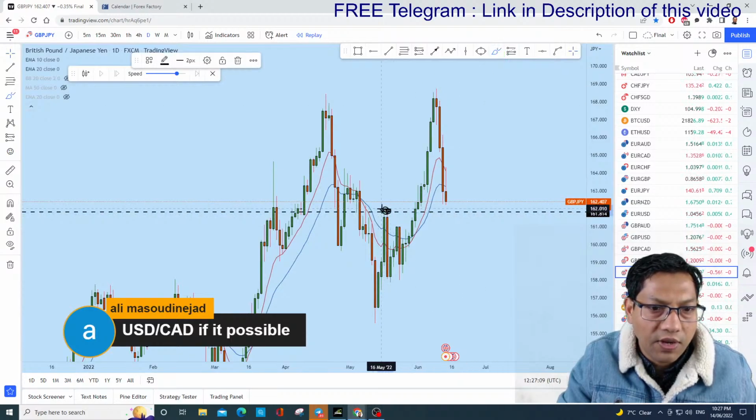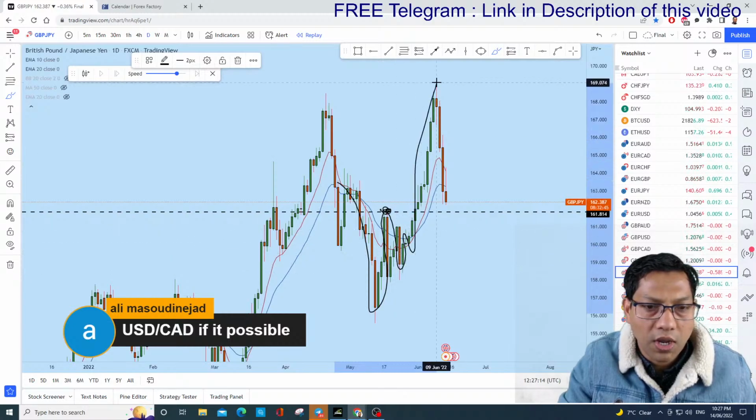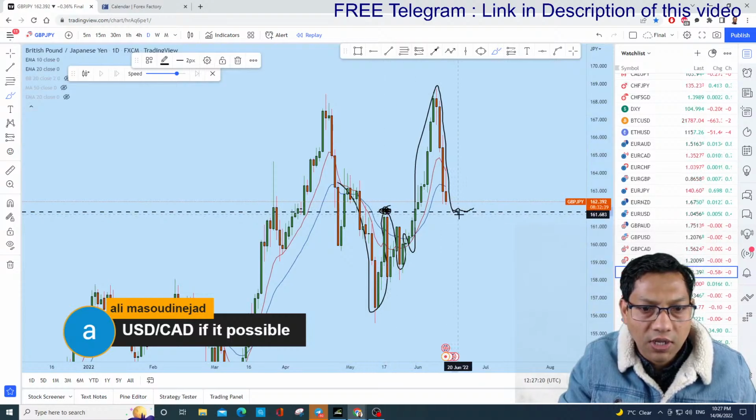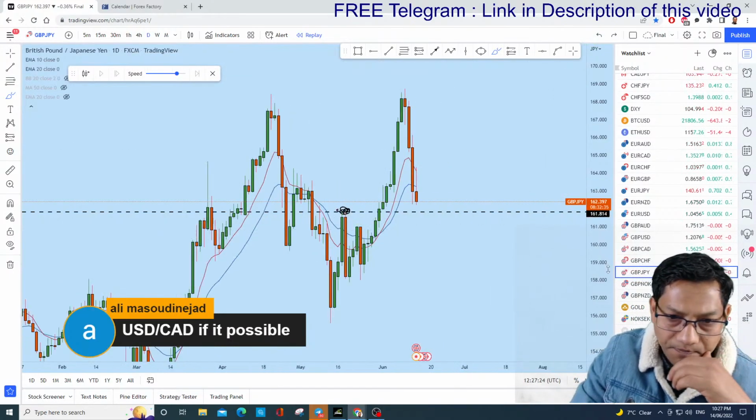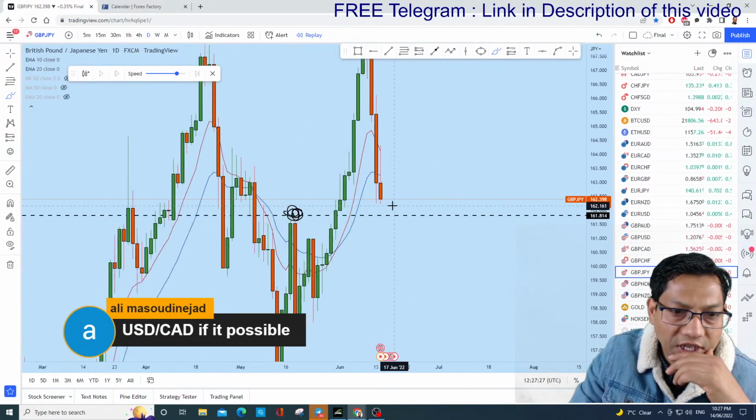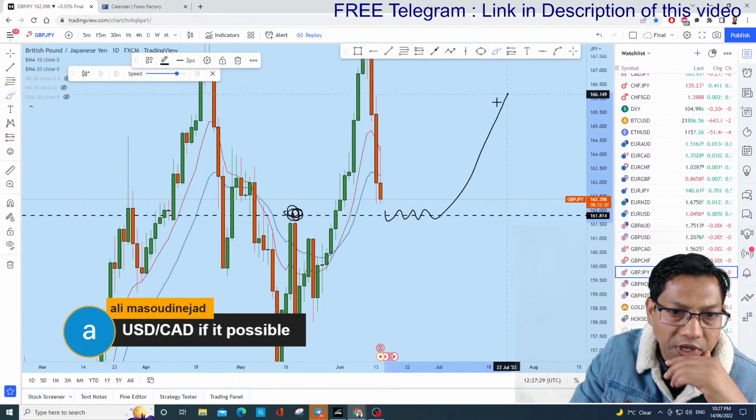There has been a double bottom formation on GBP JPY and the price broke above. Now the price came back to this level of previous resistance, now testing it as a support. This is the daily time frame, and I think GBP JPY might create a bullish pattern from here.